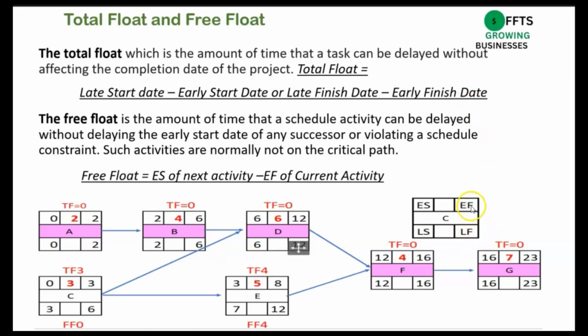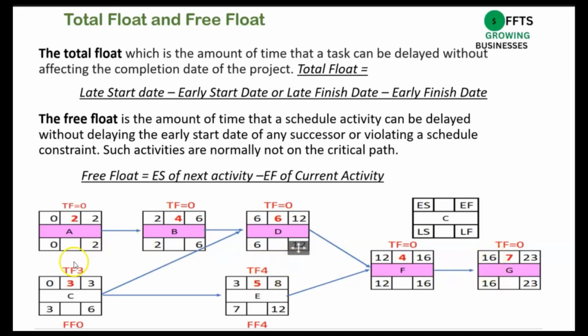So when you look at the activities on the critical path, you will realize there is no total float. For instance, the late finish date of G is 23, as is the early finish. The late start date is 16, as is the early start.